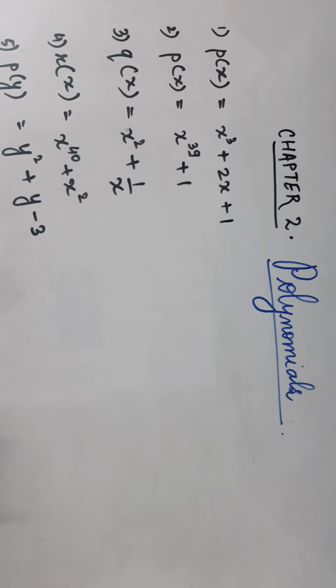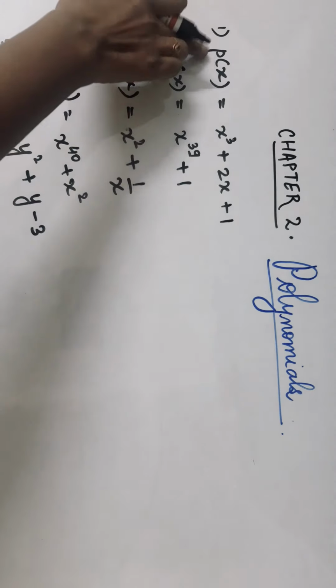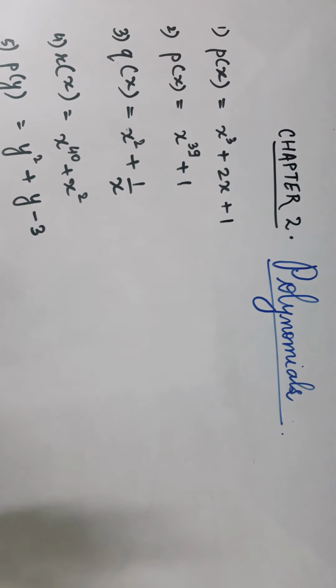Now let us see some examples. Some algebraic expressions are given. We have to identify whether each is a polynomial or not, and if it is a polynomial, then which type of polynomial it is. First see the first example. P of x is equal to x cube plus 2x plus 1. Polynomials can be denoted by P of x, Q of x, R of x.